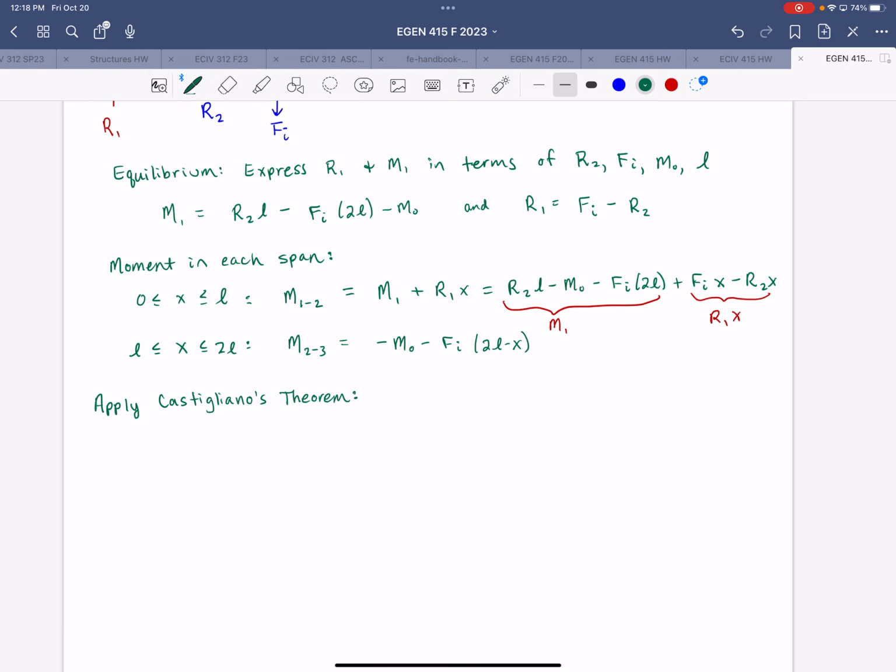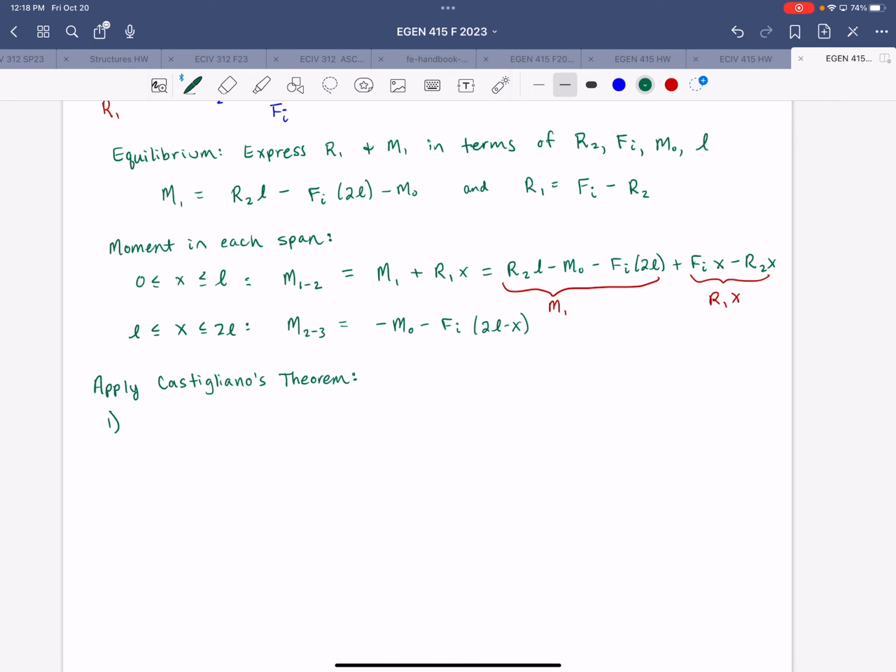So our strategy now is to solve for R2 in terms of M naught and L. Ultimately Fi will be dropped. So then once we know R2, we can go back and find M1 and R1 just in terms of M naught and L. So we have all of the reaction forces in terms of the true applied loads.